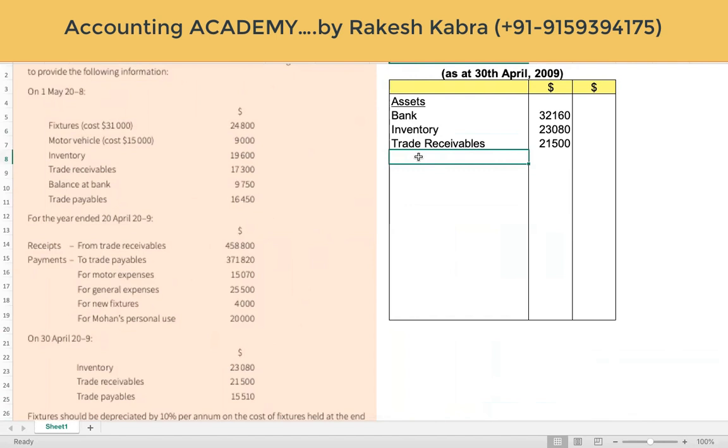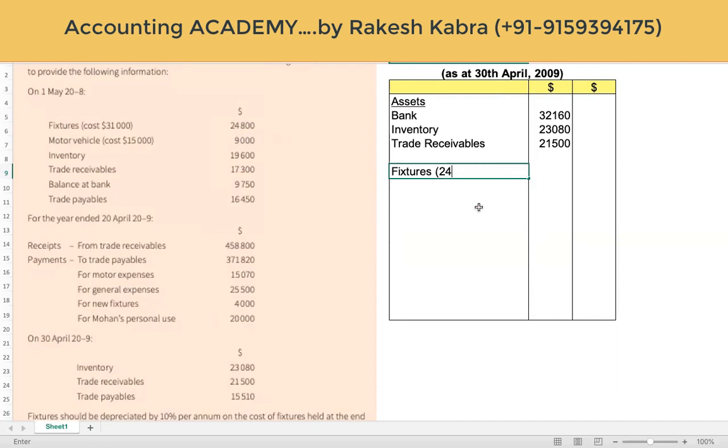Now I am taking non-current assets. First I will take fixtures. The book value is 24,800. Did I buy any new fixture? Yes, 4,000. But then you have to decrease this year's depreciation. So what is the total fixture as of now?